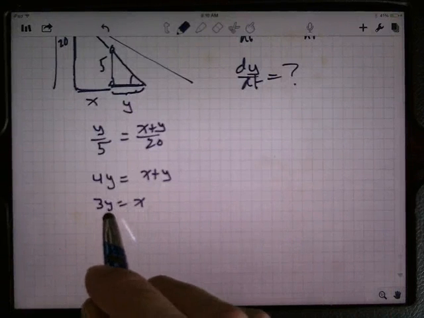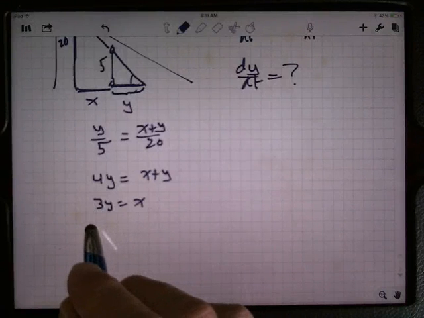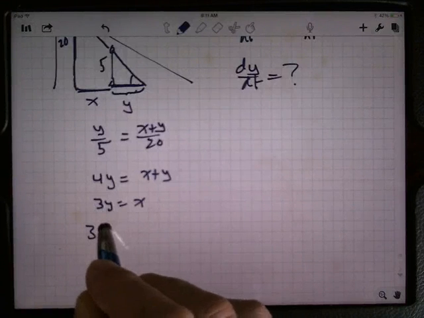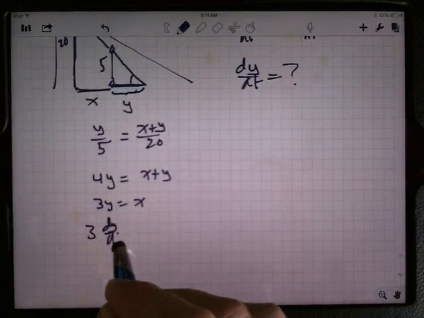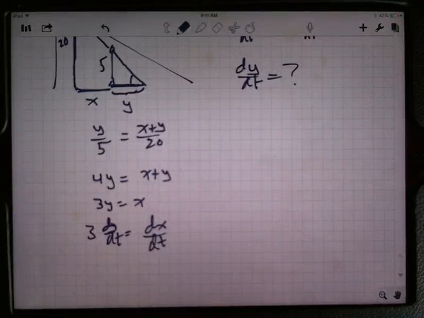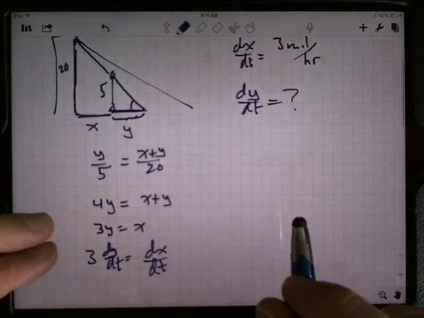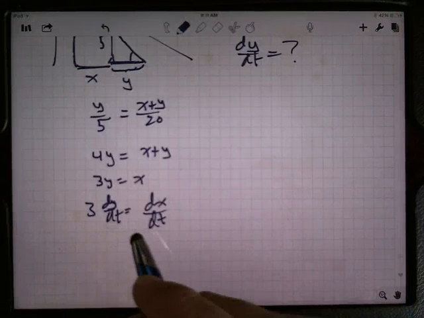I'm going to implicitly differentiate to get a relationship between dx/dt and dy/dt. So 3 times dy/dt equals dx/dt. Well, that was a nice relationship. So what do I know? I know dx/dt is 3, and dy/dt is what I can find.